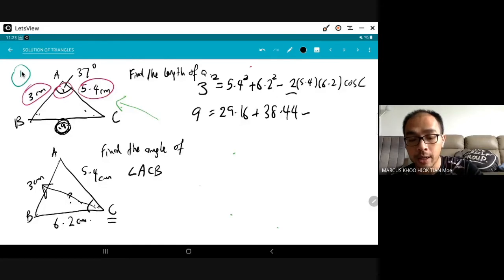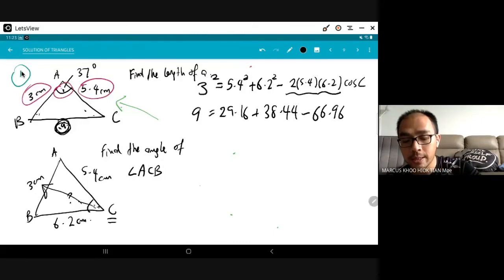Then this one they calculate in one shot, 2 times 5.4 times 6.2, then they do 66.96 cos C.